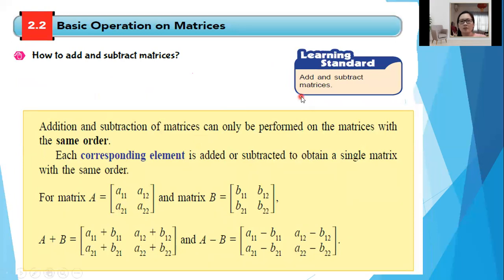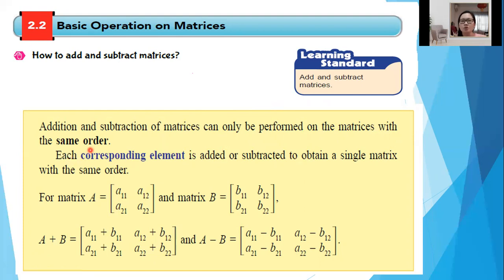Okay, so now we are going to learn about add and subtract matrices. How to add and subtract matrices means we are going to plus or minus the matrix. Addition and subtraction of matrices can only be performed on matrices with the same order.